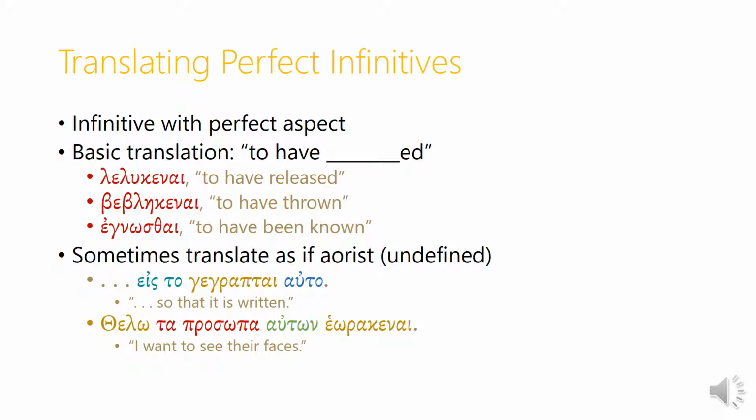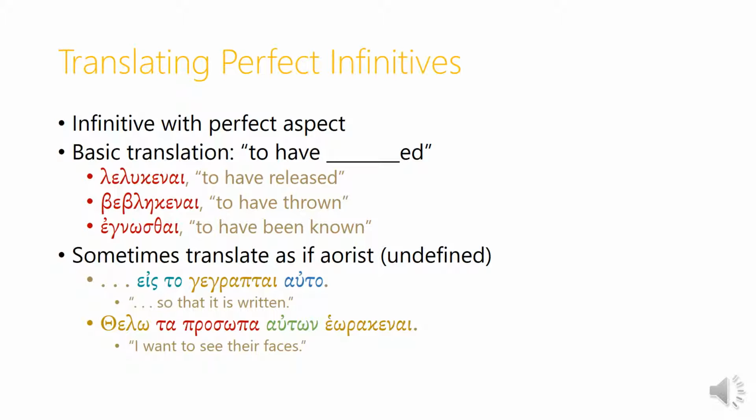Similarly, if we read "thelo ta prosopa auton heorakenai," we might translate that "I want to see their faces." Here again, there's nothing about the English "to see" to warn us that this is a perfect aspect. And because we're dealing with a present tense situation, or even future, "I want to see," we can't really use have in our English translation.